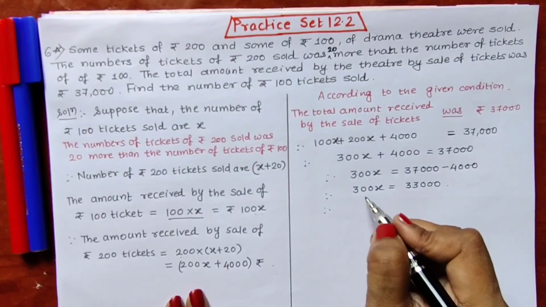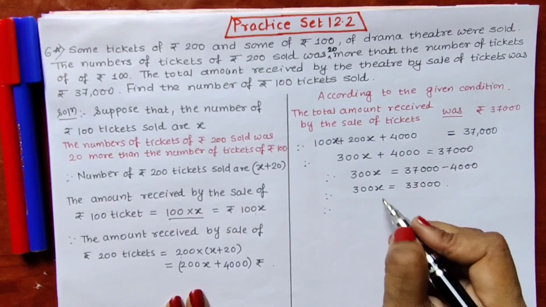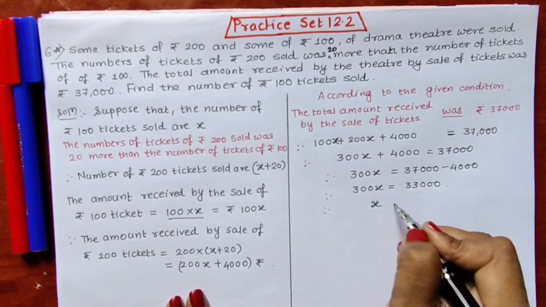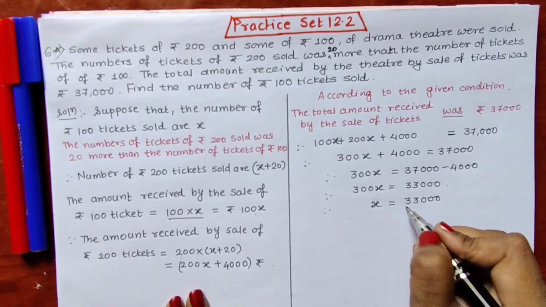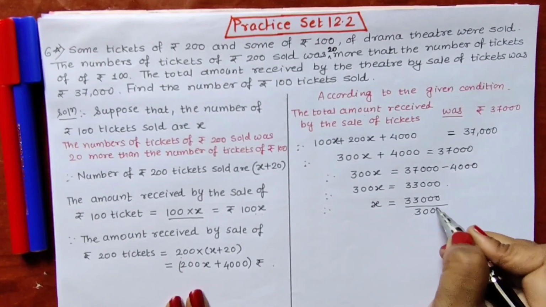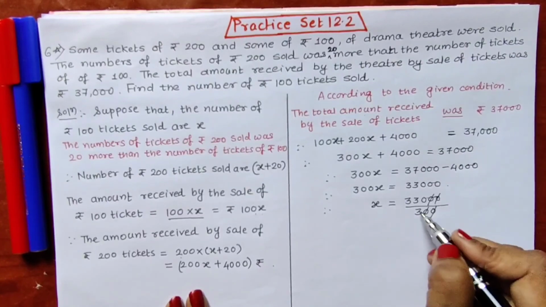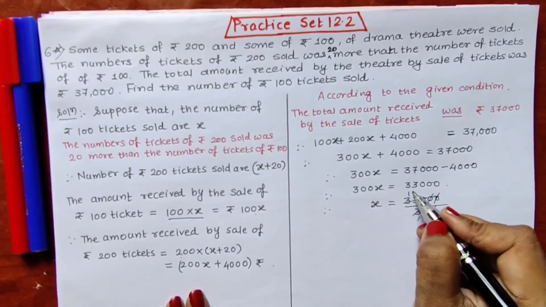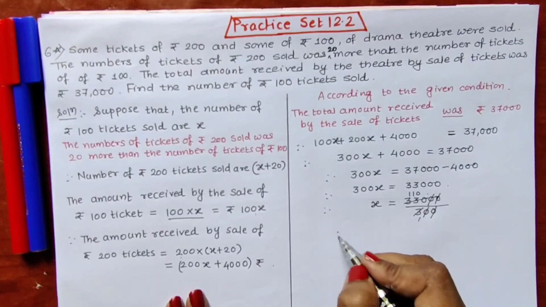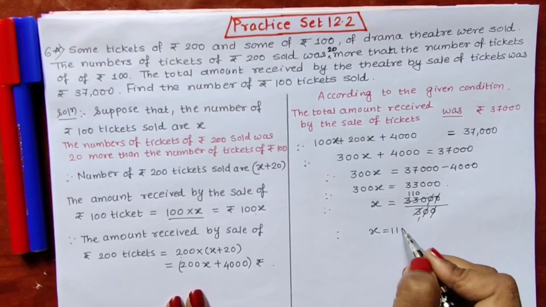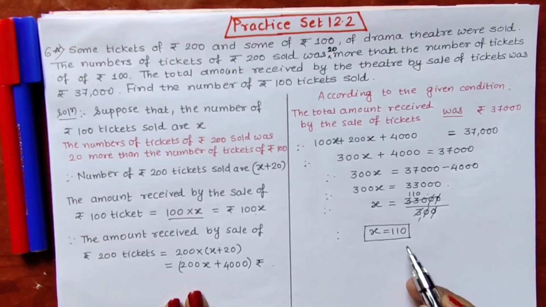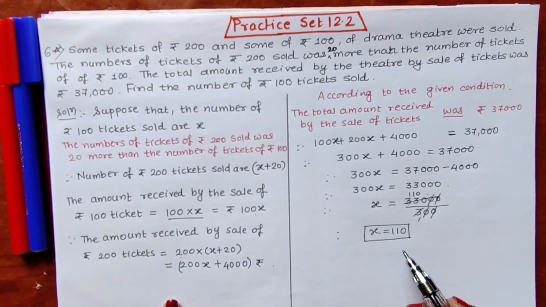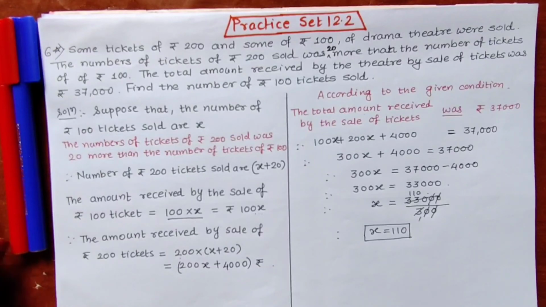Now we will transfer this 300 from left to right. Here it is 300 multiplied by x, so only x will remain here. 33,000 as it is, multiplied by 300 will become divided by 300. Cancel these two zeros. So 3 ones are 3, 3 ones are 3, 3 ones are 3, 3 zeros are 0. X is equal to 110. So 110 tickets of rupees 100 were sold by the drama theatre.